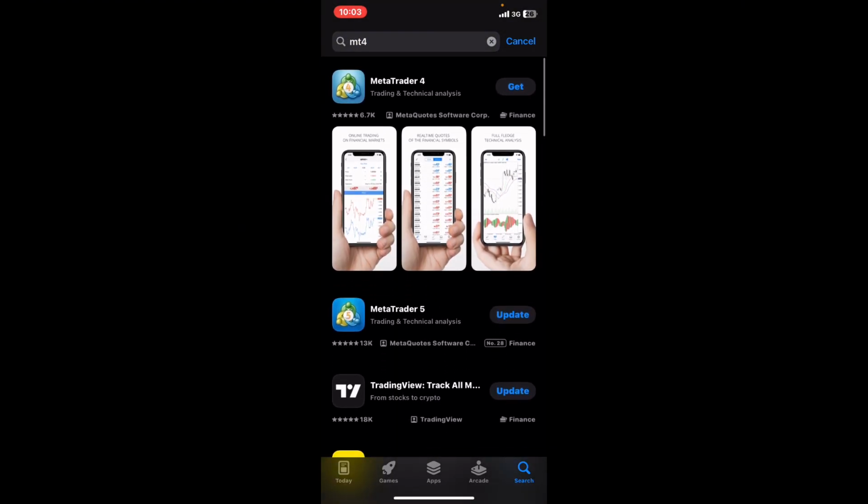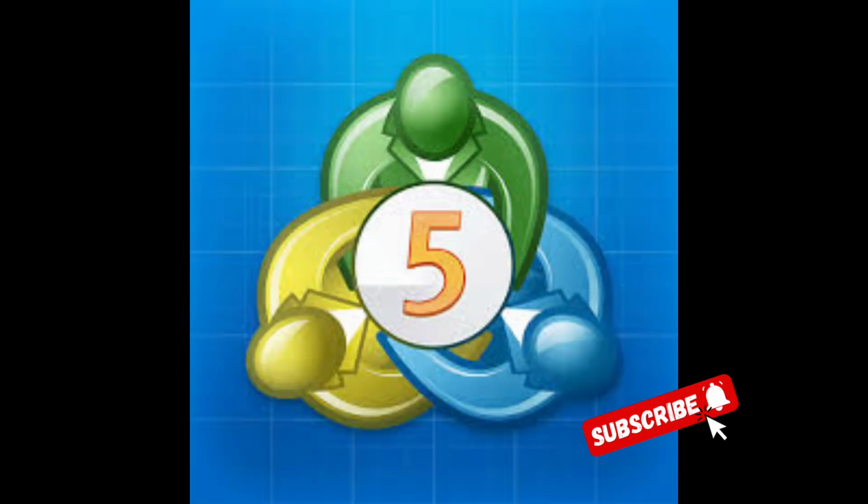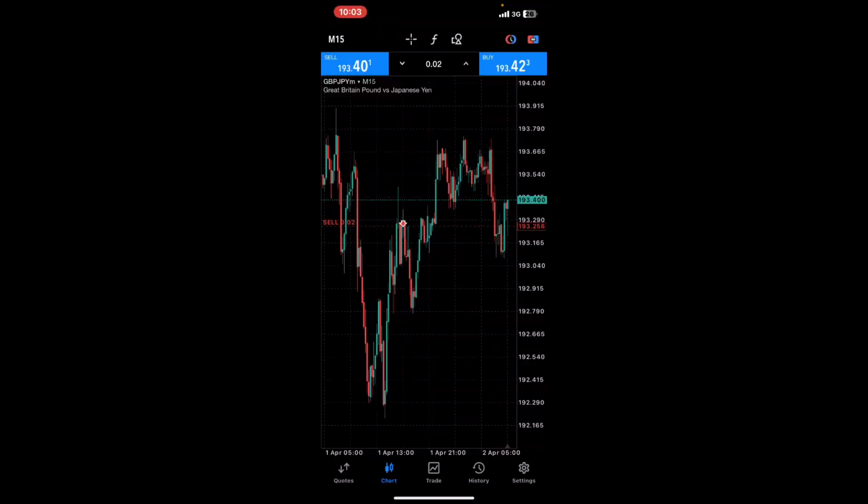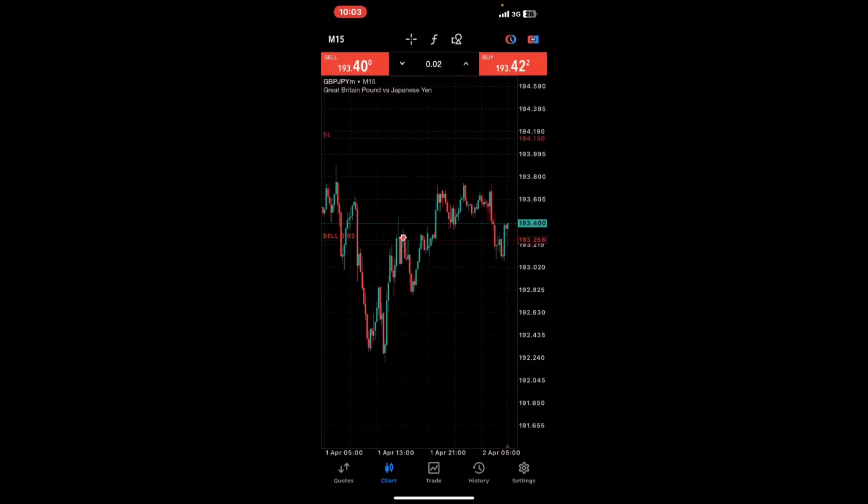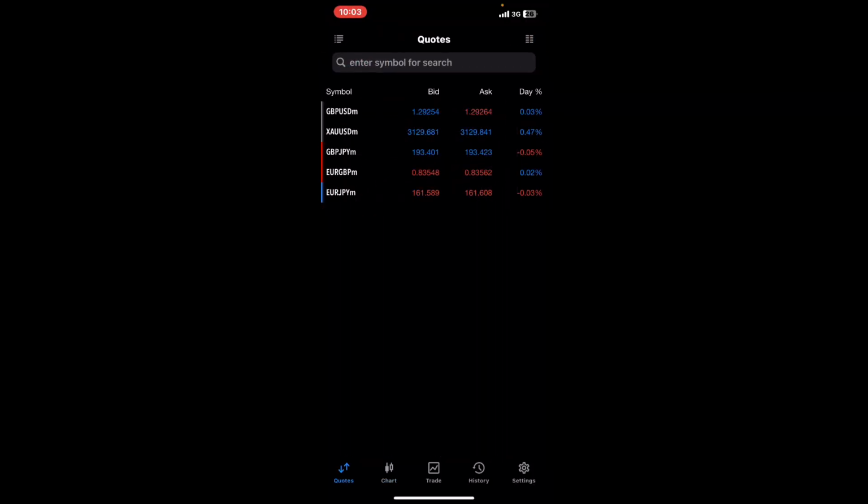The MT5 and the MT4 are similar, they are the same thing, but the MT5 is more upgraded than the MT4. Let me show you. This is where you predict. In your MT4 or your MT5, you place your buy position or your sell position.